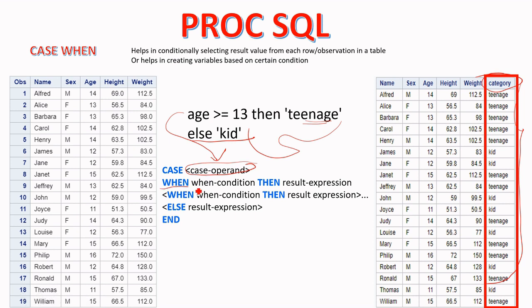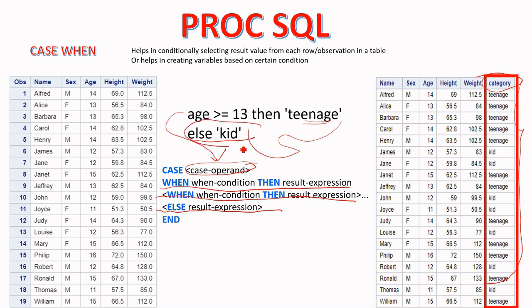Now the second line is mandatory, where you need to provide at least one when and then statement. The third line is useful when you want to make multiple conditions, which we will see in the next example in the same video. Then comes the else part.